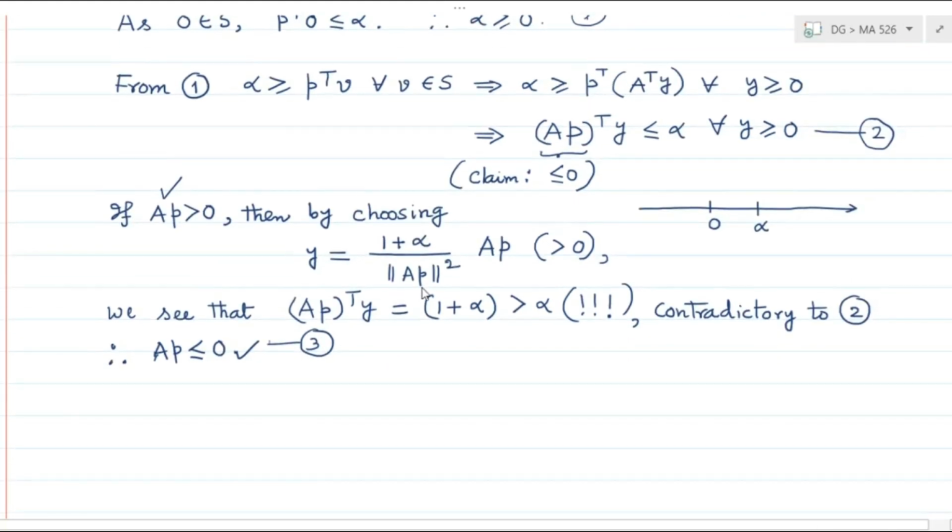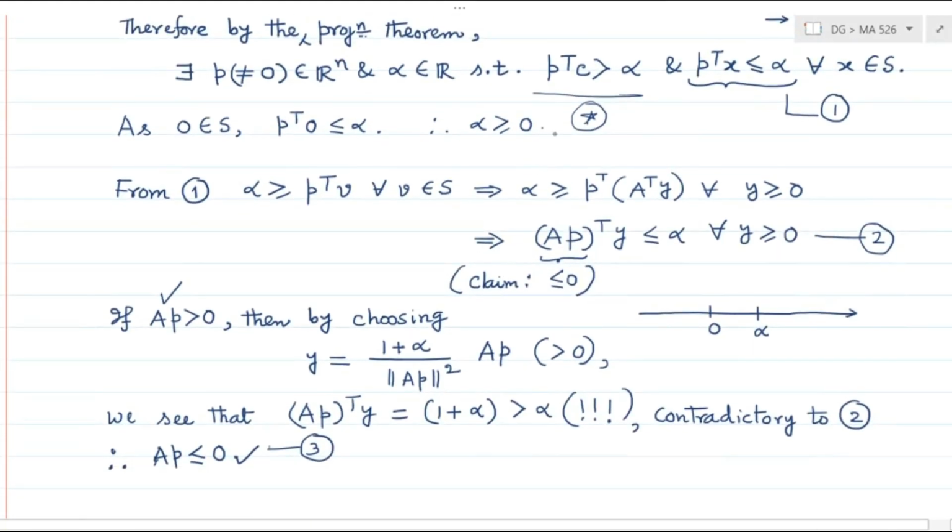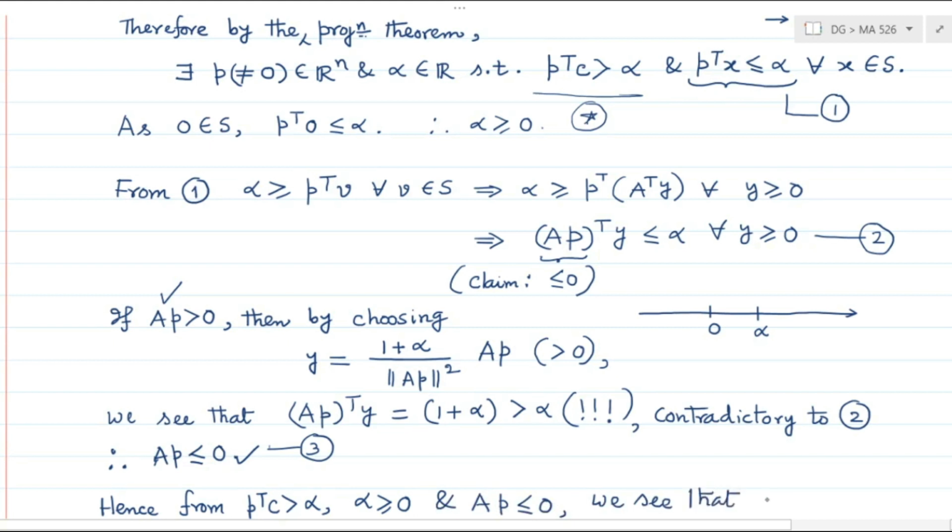So everything together, let me be precise: P transpose C is greater than alpha, hence from P transpose C greater than alpha, alpha greater than or equal to 0, and AP less than or equal to 0, we see that system 1 has a solution, and therefore your result is proved.